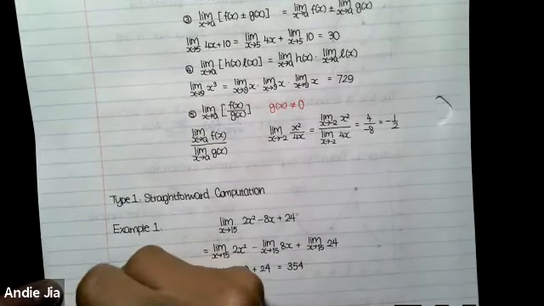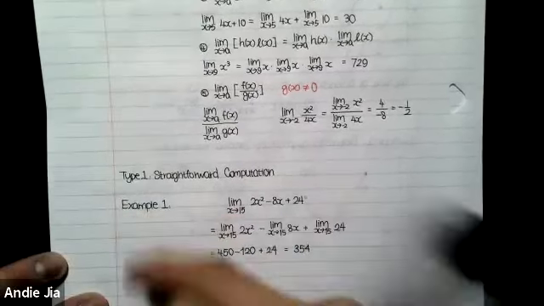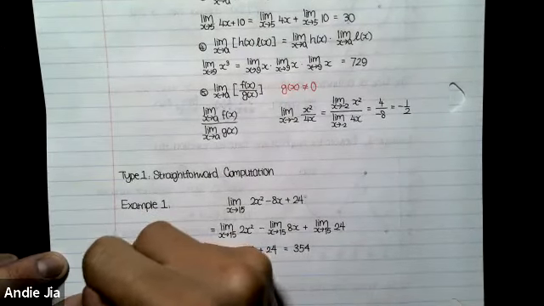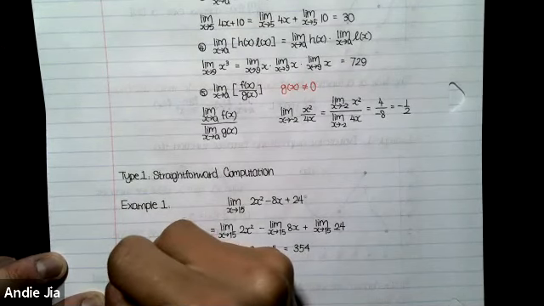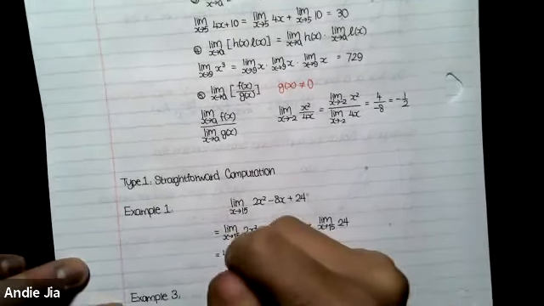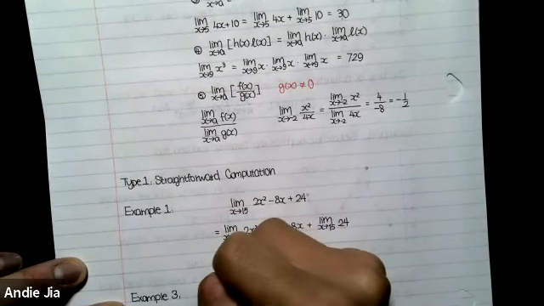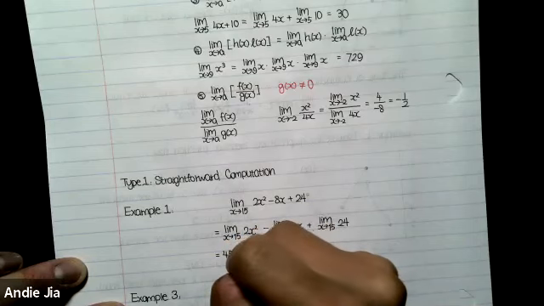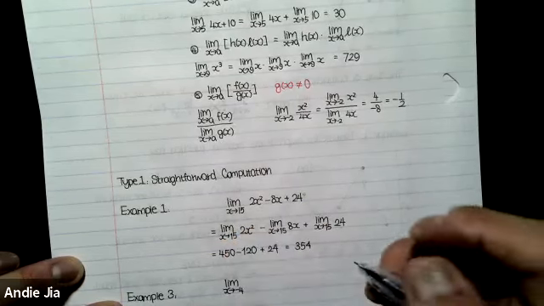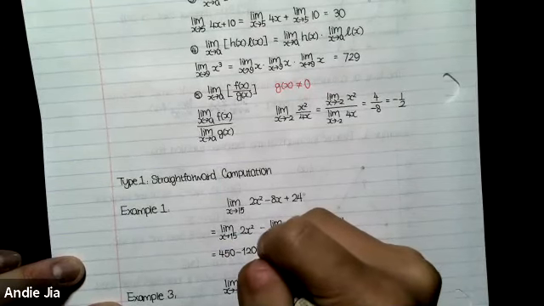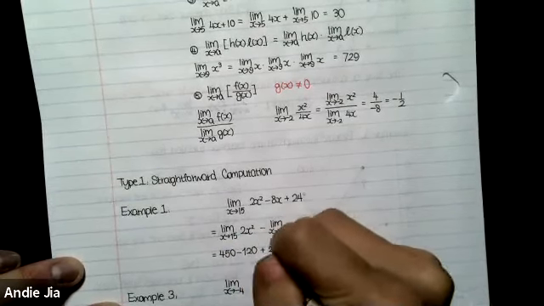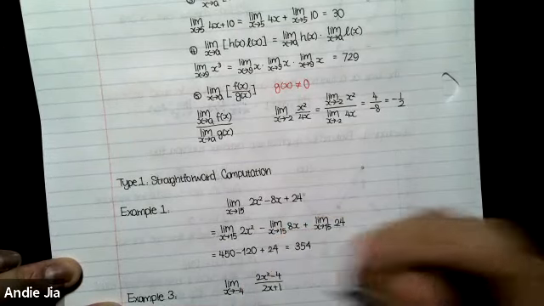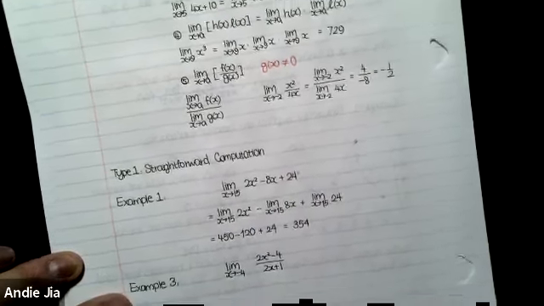Example number 2, I mean the third example. This one is now number 3. The limit as x approaches -4 of 2x squared minus 4 over 2x plus 1. Compute the limit.